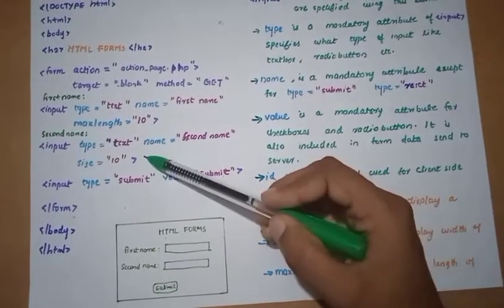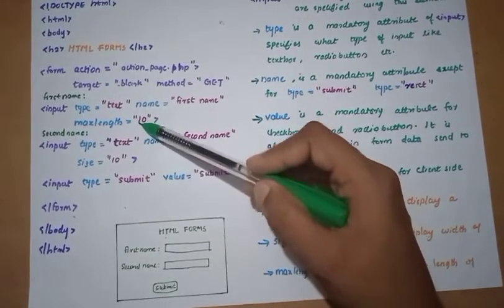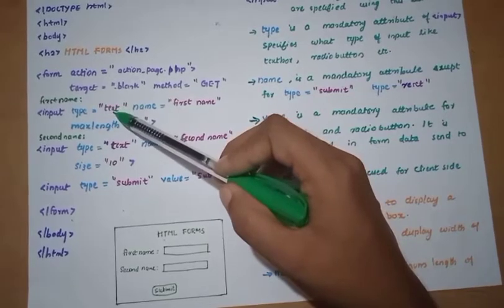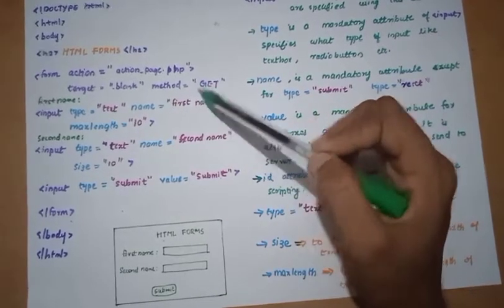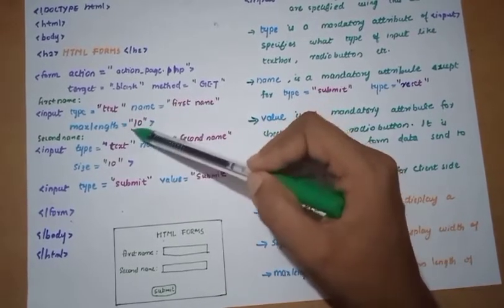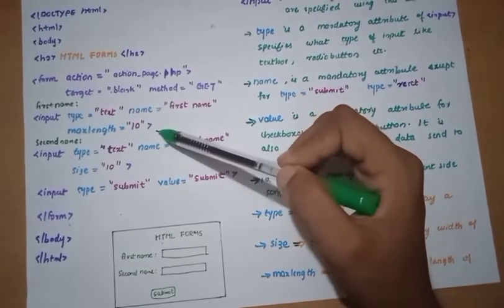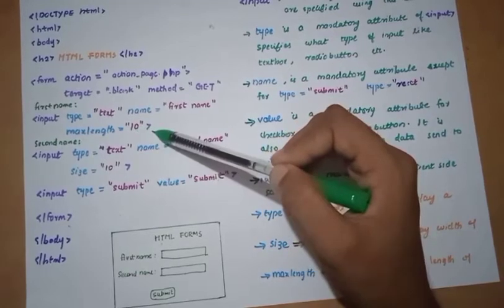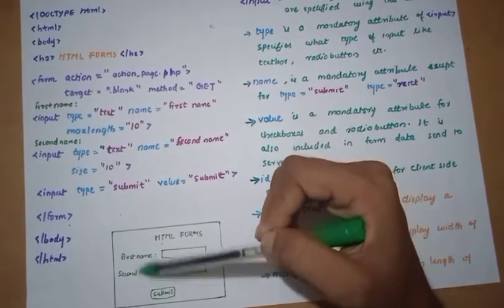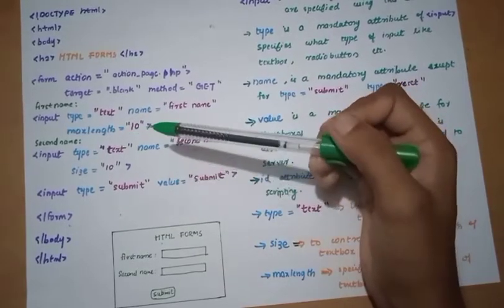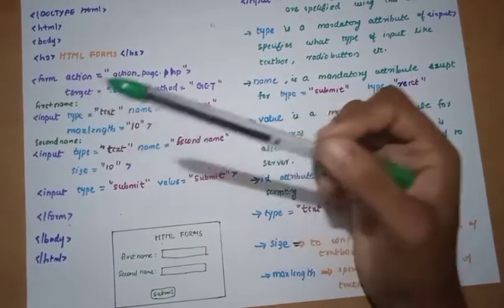We have used that one also here: type is text, that means I have to use a text box with the name as first name. Then maxlength is 10, so the first name should have about 10 characters or that much length. So this is all about this simple form.